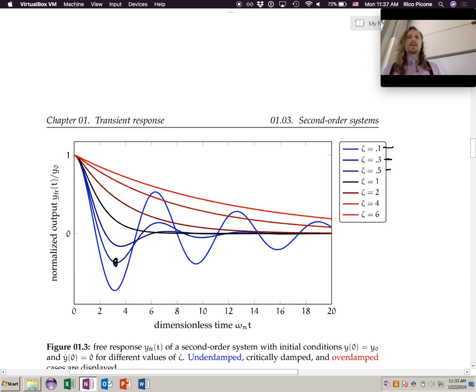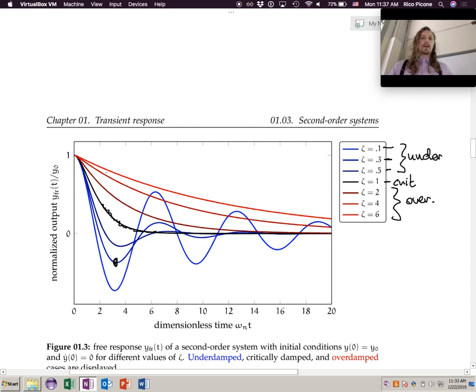Zeta is 0.5, gets darker, and then the black one is zeta equals 1. That's this line here, it doesn't oscillate, but it's super close to oscillating, right? As close as you can get. It's the boundary one. And then as you increase zeta, this is the critically damped, so crit. These are all under. And then these are all going to be what? Overdamped.